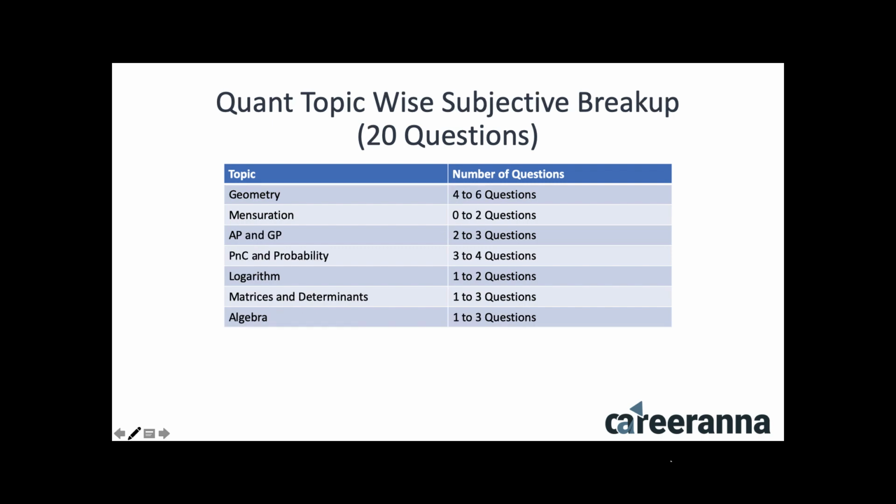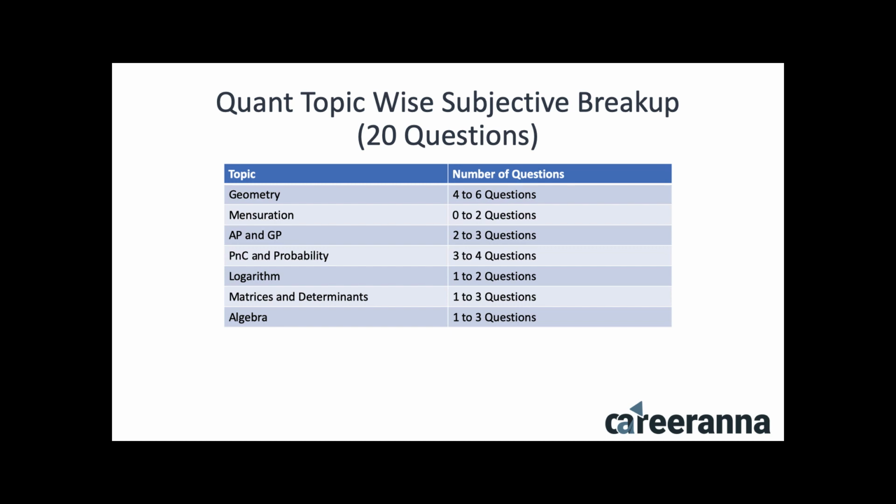Let's talk about the subjective section breakup, in which you have 20 Quant questions. Here again, geometry and mensuration dominate the section, with 4 to 8 questions put together. Then you have arithmetic progression and geometric progression, from which you can expect 2 to 3 questions. Then PNC and probability, 3 to 4 questions.